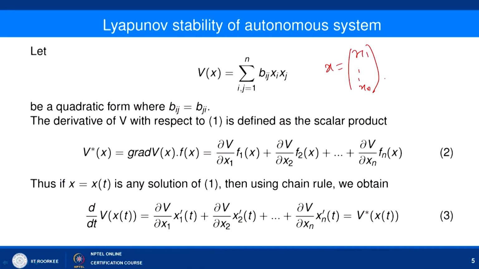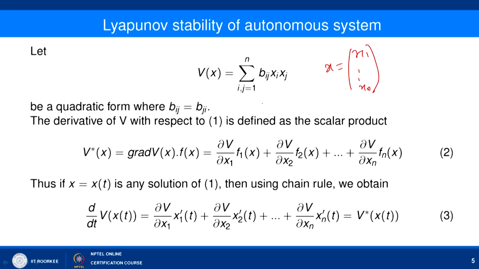Here xi and xj are components of x, that is x1 to xn. With the help of x we define V(x) as this, where bij is equal to bji, and we call this a quadratic form.